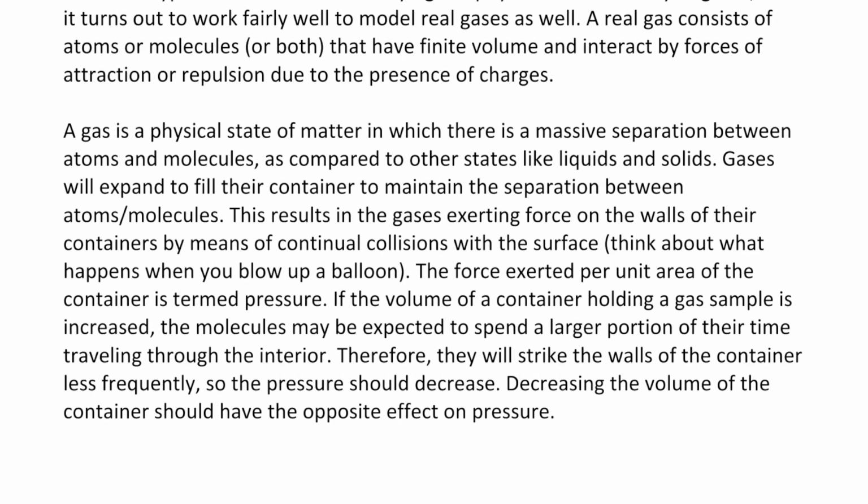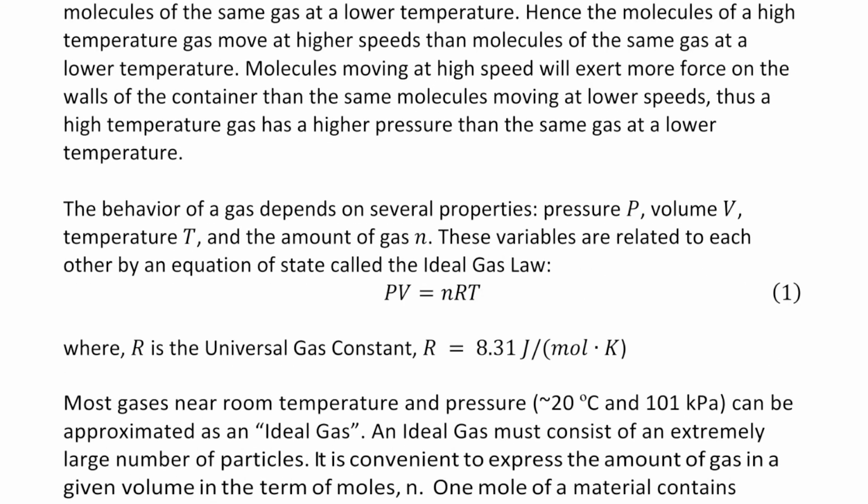And so the ideal gas law that you've learned in chemistry and in this class is PV equals nRT. One thing to note is that they tell you R equals 8.31 joules divided by mole Kelvin. This is true, but only if you measure the pressure in pascals.